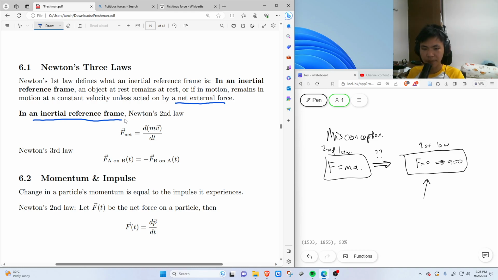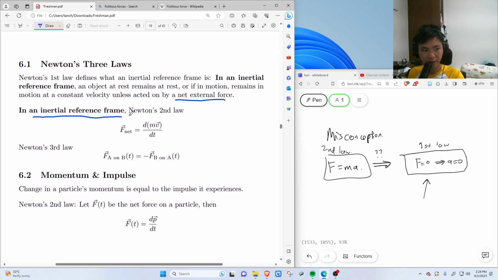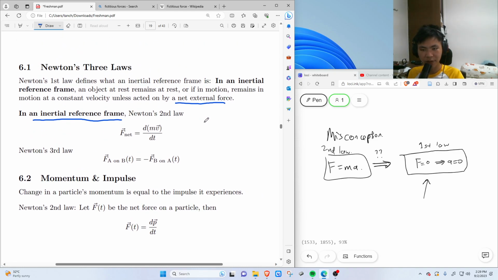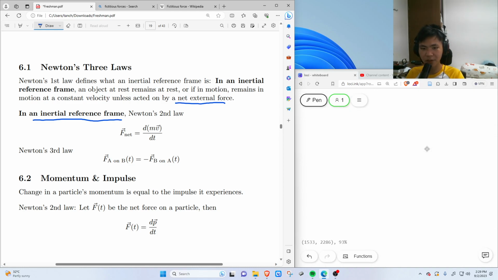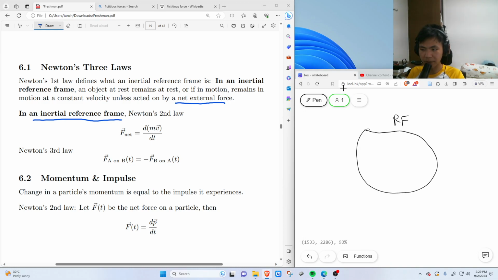And what is this inertial reference frame? It is defined in the first law. In the set of all reference frames, there are so many perspectives one can take, be it whether you're in an accelerating bus, or a muon traveling into the atmosphere at a constant velocity near the speed of light, or in a rotating reference frame.